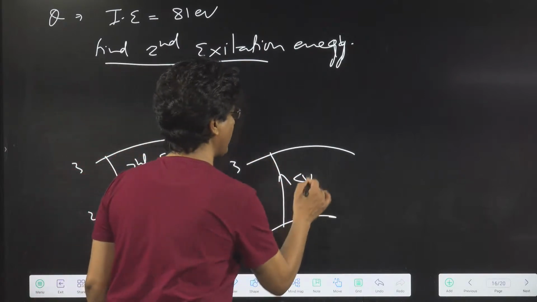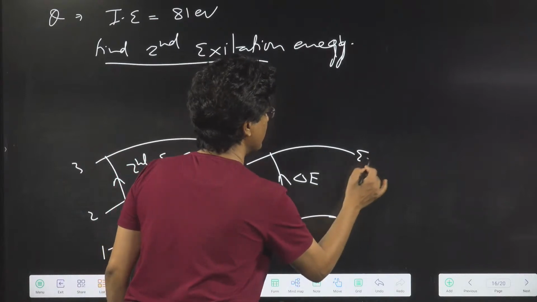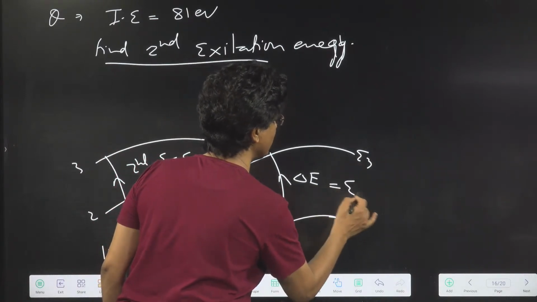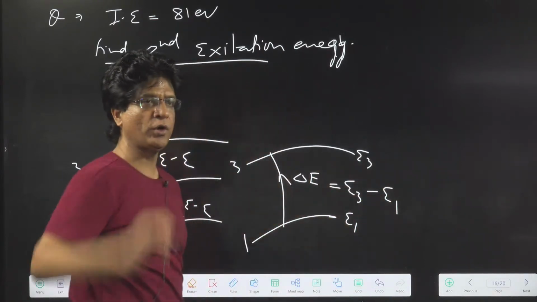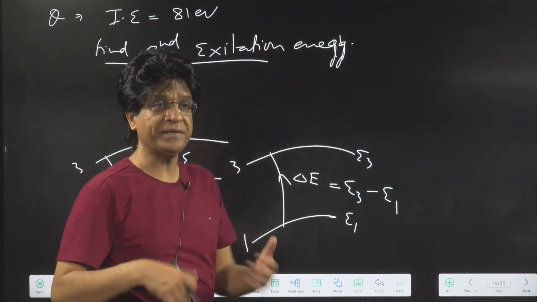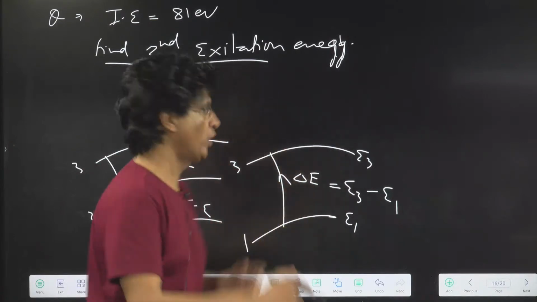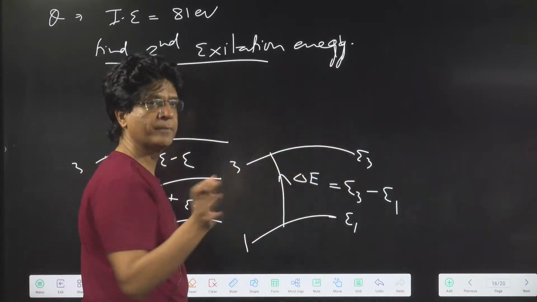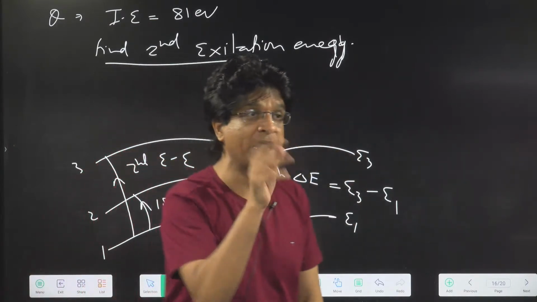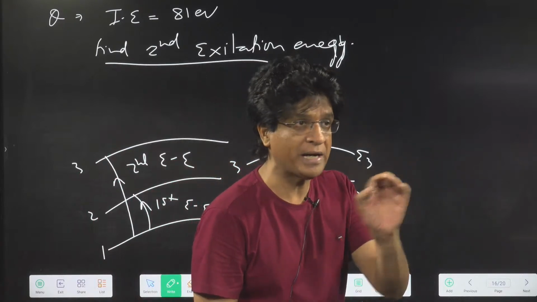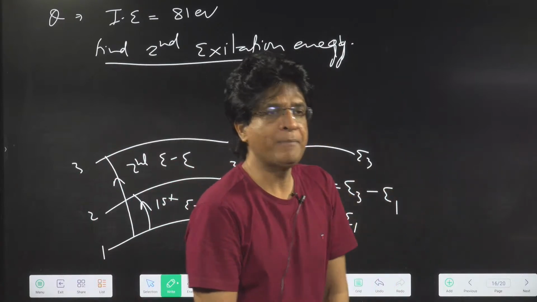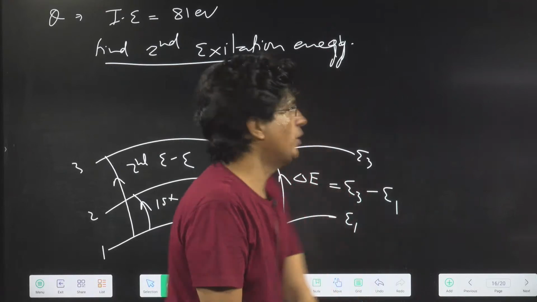That is called delta E, which will be equal to E3 minus E1. Yes or no? Second excitation energy is the energy required to send an electron from orbit number 1 to orbit number 3. I'm not asking the energy of the second excited state. No, I'm not asking that. Yes or no? Okay.